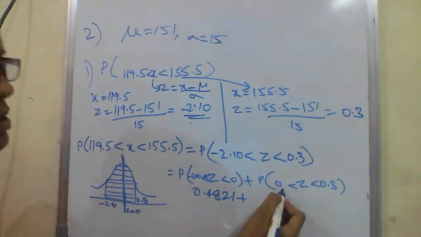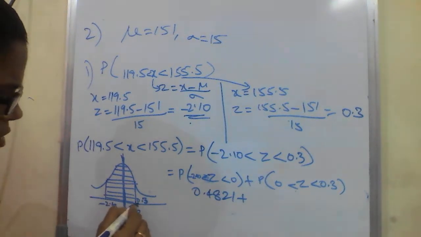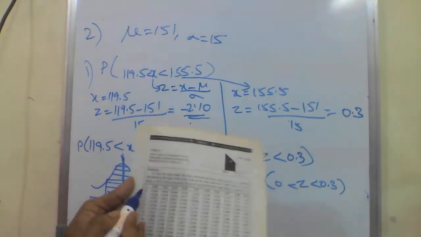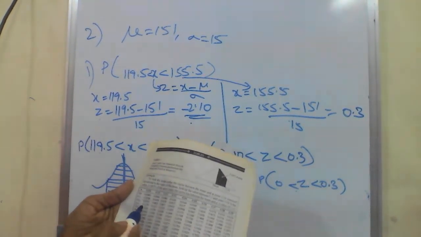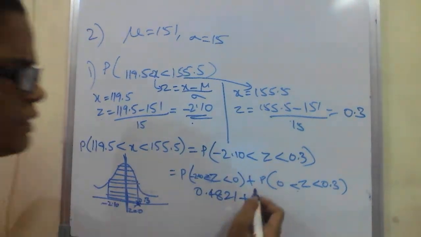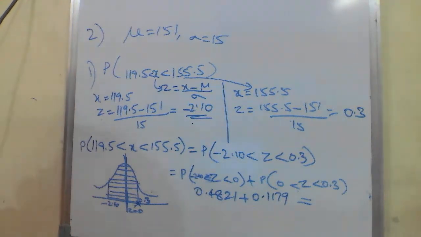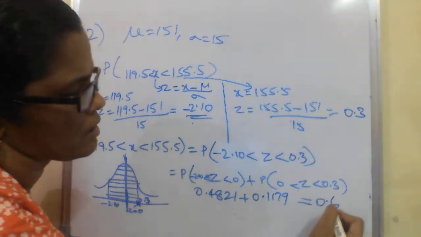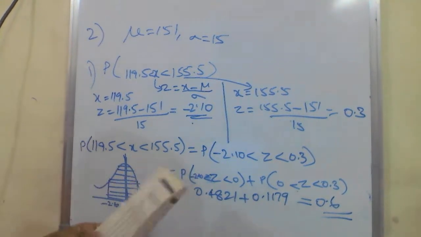So forget about 0. Whatever values you have in the table are from 0. So from here to here, that means in the table I have to look for 0.3. Under 0.3, it is 0.1179. So just add these two, you will get the total probability. So this comes to 0.6. So this is the required probability, 0.6.